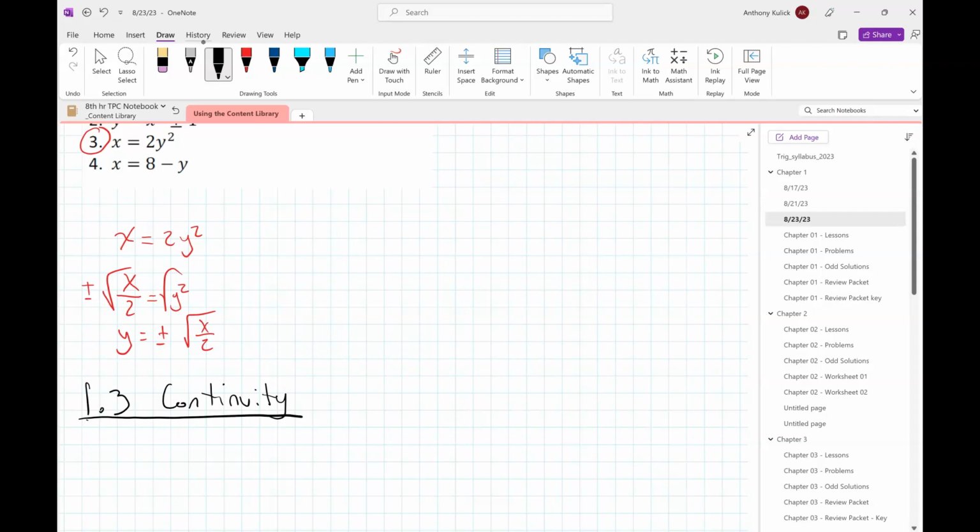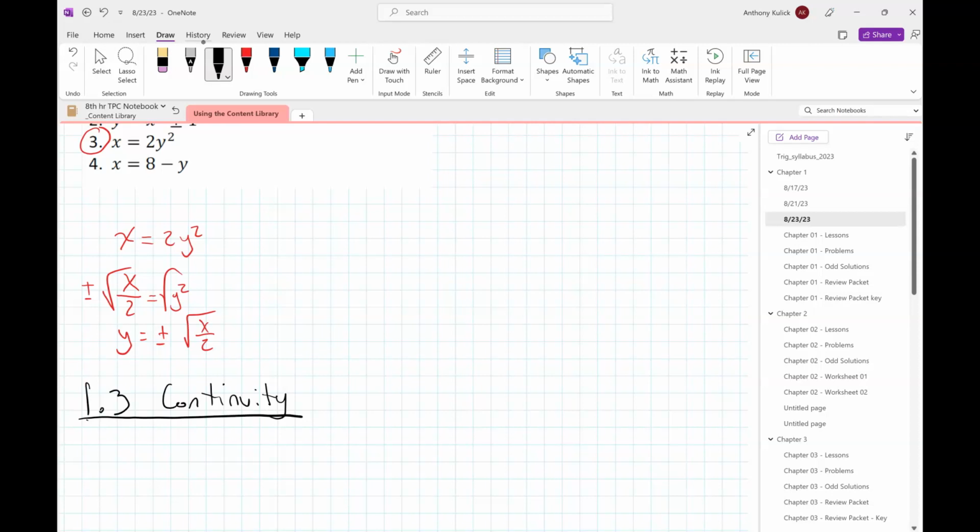When we talk about continuity, we say a function is continuous if we can draw the graph of that function without picking up our pencil. So like, boop, continuous, right? If I can draw it the whole way, it's continuous. If I have to draw one piece, then pick up my pencil and draw another, it's not continuous anymore.